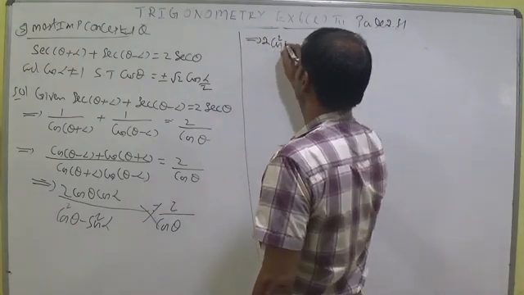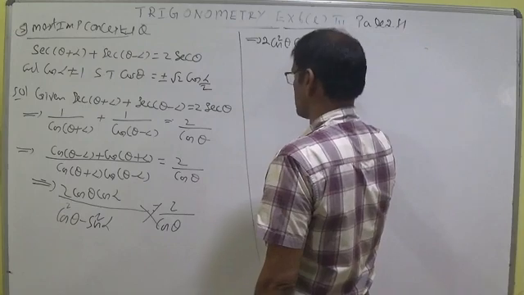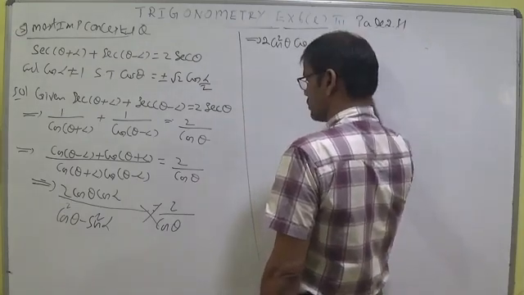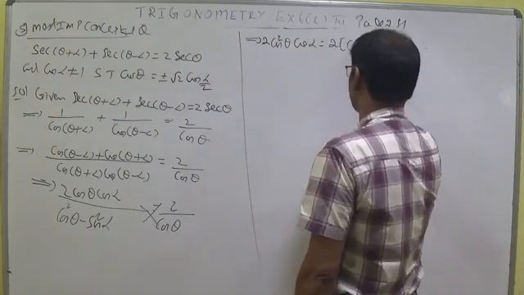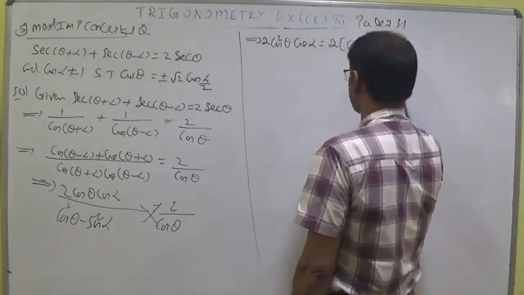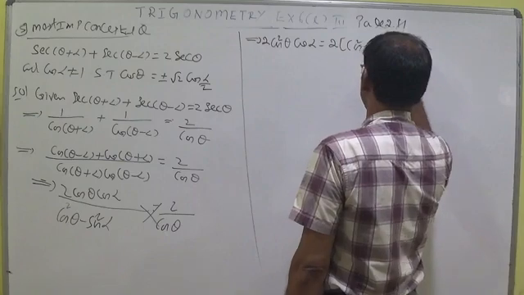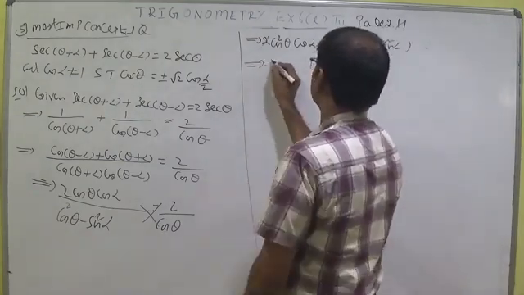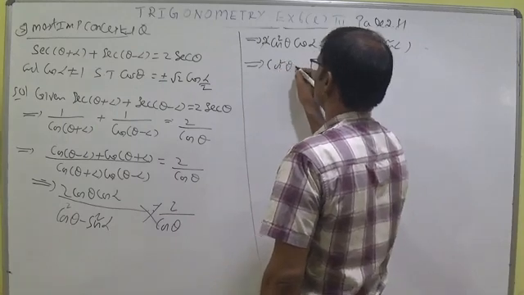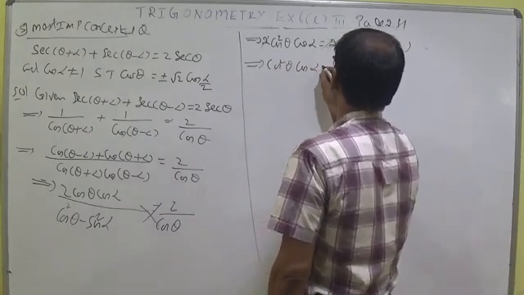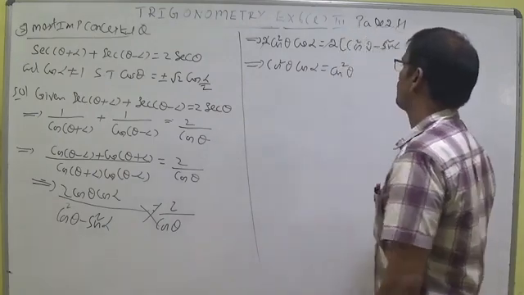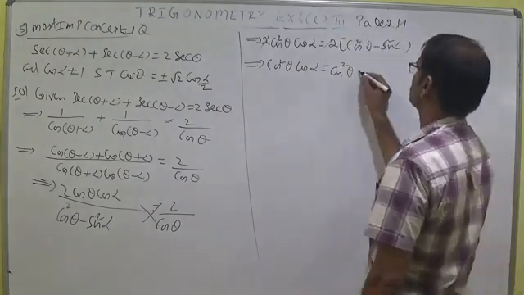That implies 2 cos square theta into cos alpha is equal to, multiplying both sides, 2 into cos square theta minus sin square alpha. Here 2 gets cancelled. That implies cos square theta into cos alpha is equal to cos square theta minus sin square alpha.